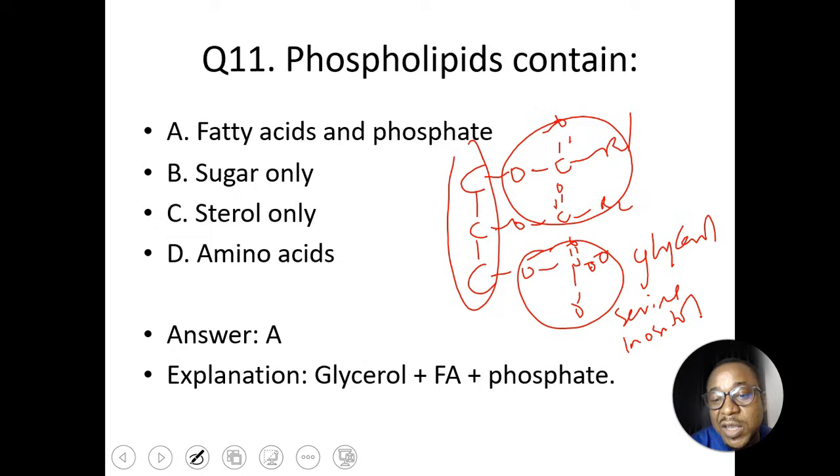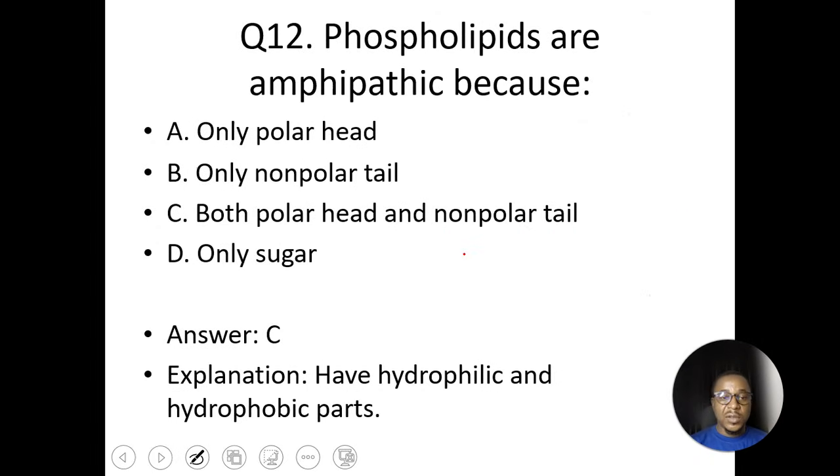So the phosphate group gives it the water-loving properties, while the glycerol backbone and the 2 fatty acids give it the water-hating properties. So they are amphipathic. They can interact with water and can also interact with non-aqueous or organic solvents. So they have both a polar head and non-polar tails.